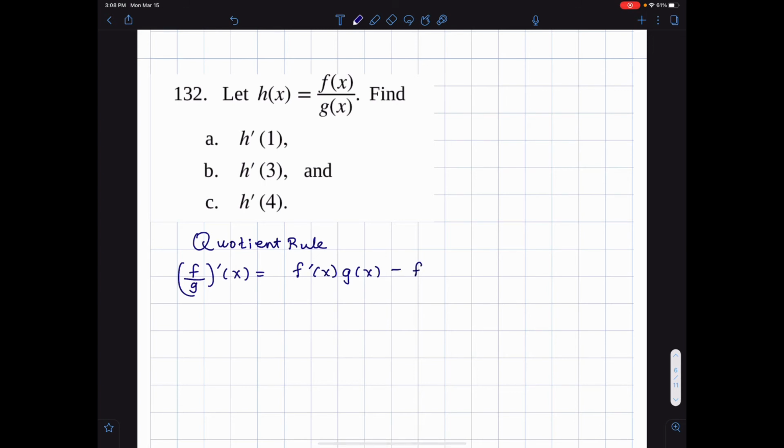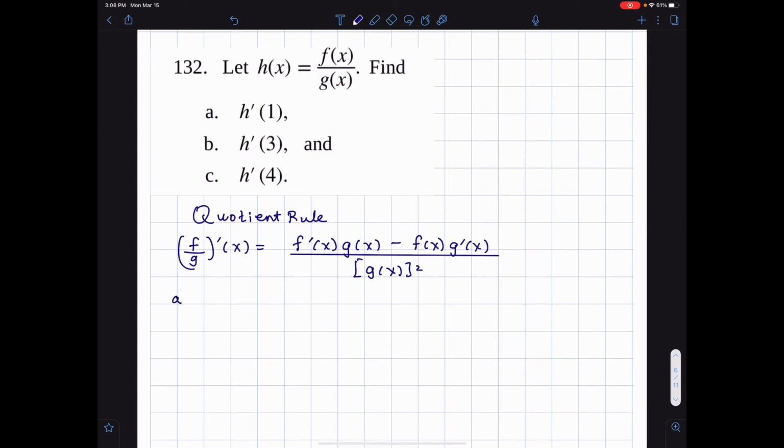Then the numerator stays the same, take the derivative of the denominator, and then you divide by the denominator squared. Sometimes people ask me why I pick different parentheses in the denominator. I just do it because I thought it looked all right to do it that way. But then, so this is h prime of x.